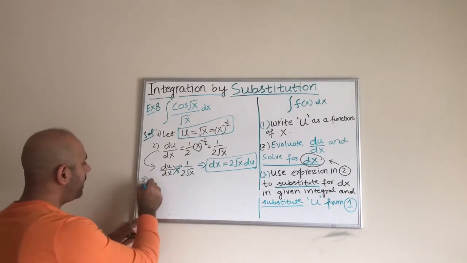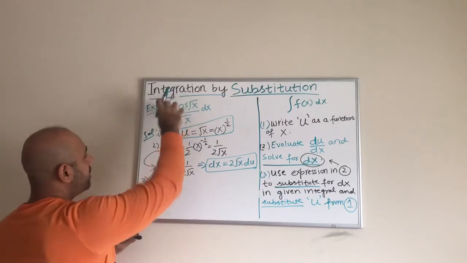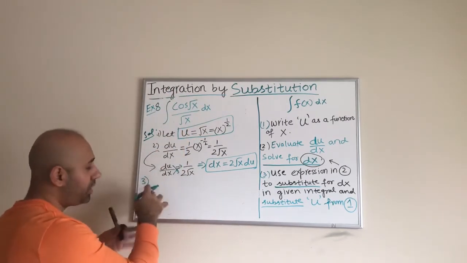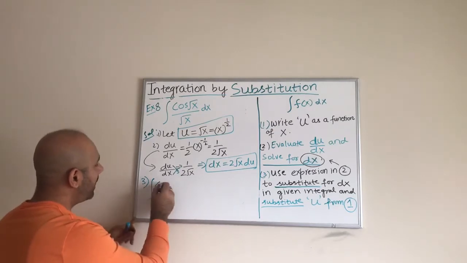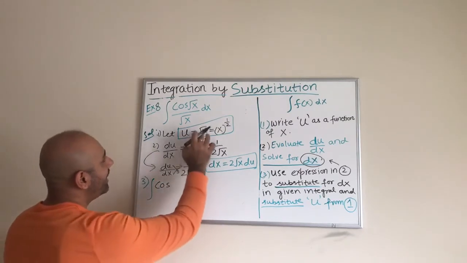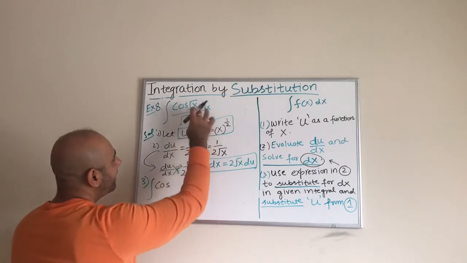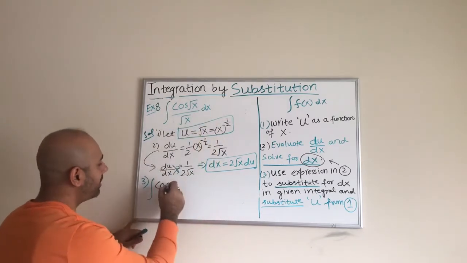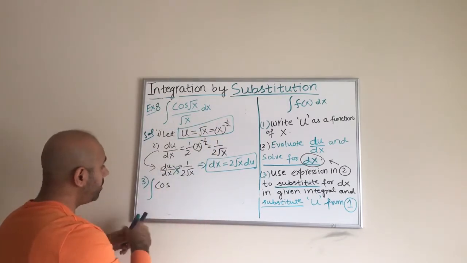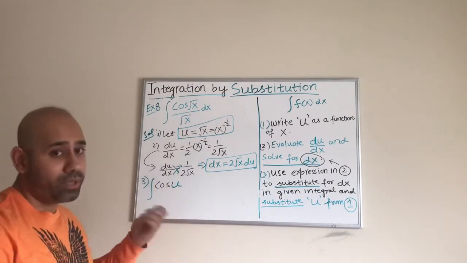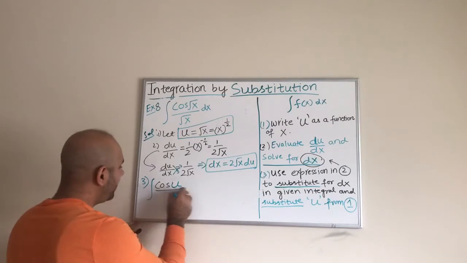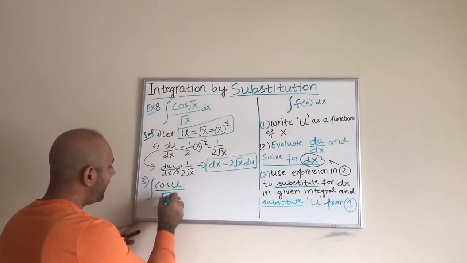Then step 3 is bringing this all together back to the original function and substituting values. So guys, it is going to be integral. Then what do I have? I have cosine. Well, cosine will stay as cosine, but radical x is no more radical x, because we want to change it to a different variable. So I'm going to use the variable u here. That's exactly what this step says. We got to substitute back, and then divided by radical x, we just leave it like this.